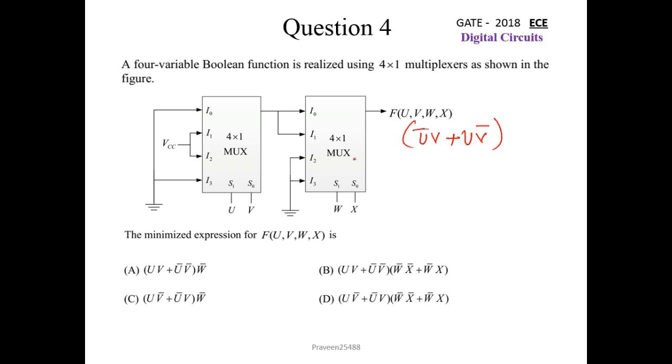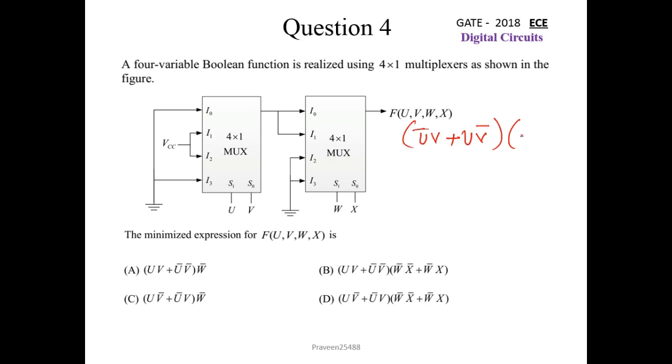Similarly, for this multiplexer, these two select lines have 4 possible combinations, and each combination will multiply with its input, and their sum will be placed at the output. So for the last two combinations of w x, that is I2 and I3, the input is 0, so those terms would be 0. So here we will write only for I0 and I1, where this input is common, so we'll write it as it is and multiply by the two combinations of w and x.